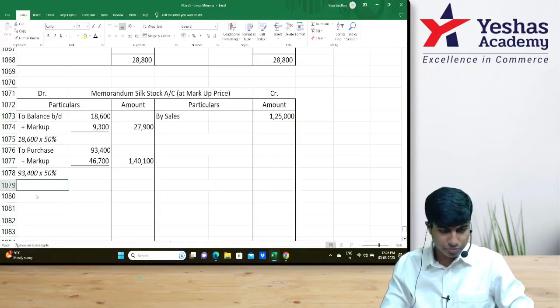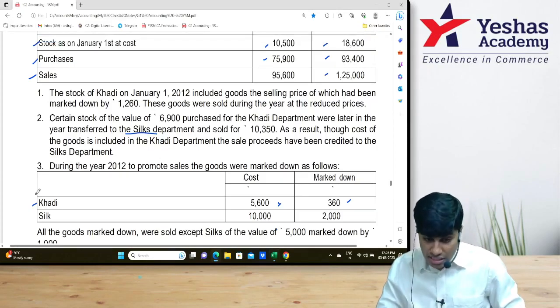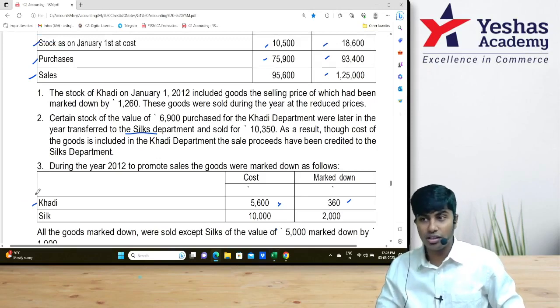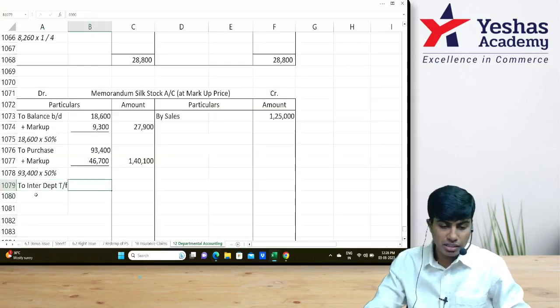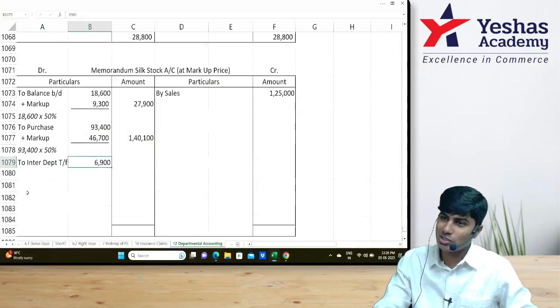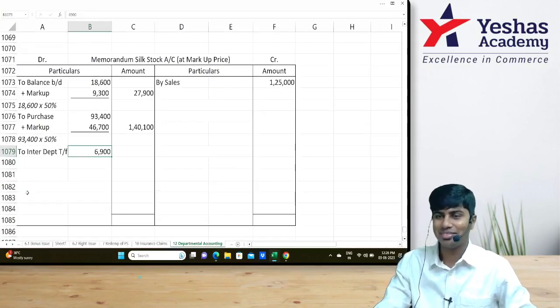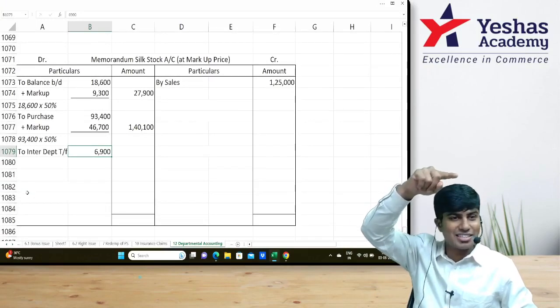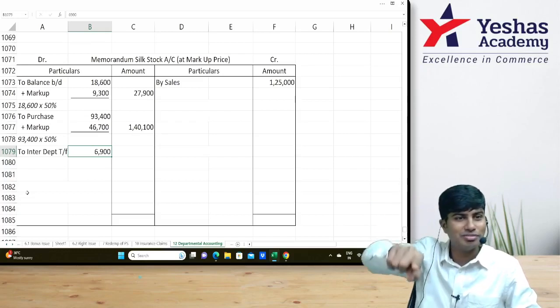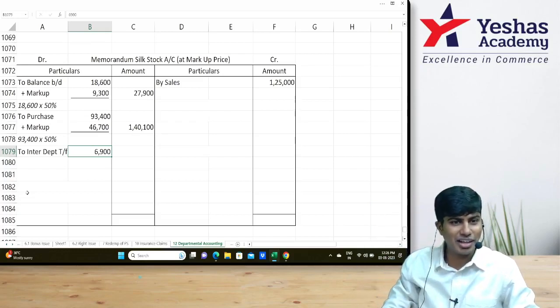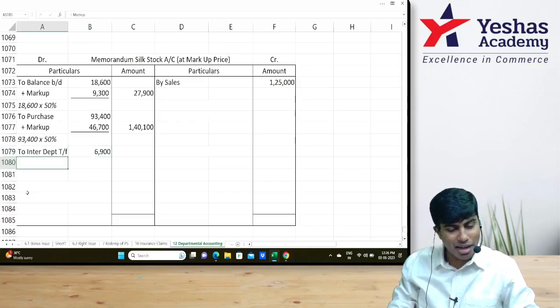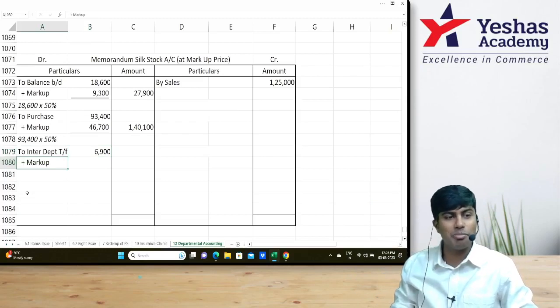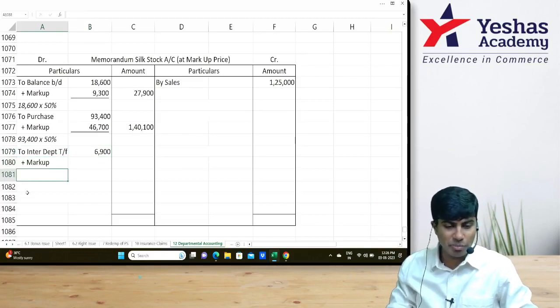How much? 6,900 is transferred. At what price? You'll write 6,900 and then add markup. They would record it as sales and they would remove that there only. Are you getting it? For this department, their markup is altogether different. How much is the markup? 50%. How much is 50%?